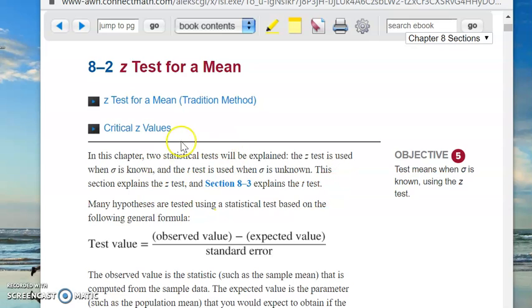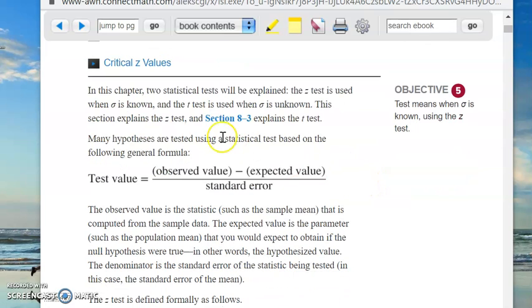Well, it's not just 2 statistical tests that are being explained. In this chapter, it'd be more appropriate to say, 2 statistical tests concerning the mean will be explained. We also are going to have statistical tests involving proportions, and we're going to have a statistical test involving standard deviation. So there's a little bit of confusion there.